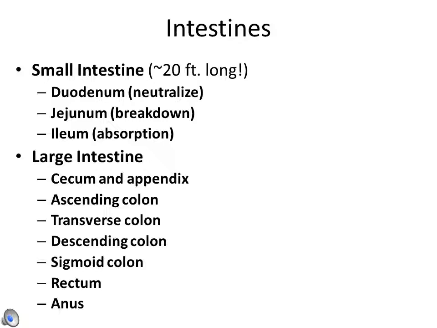The transverse colon transverses the abdominal cavity to join the descending colon on the left side of the abdominal cavity. The descending colon then descends downward to join the sigmoid colon. The sigmoid colon then leads to the rectum and the anus.